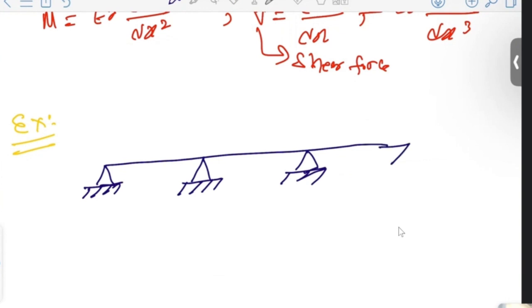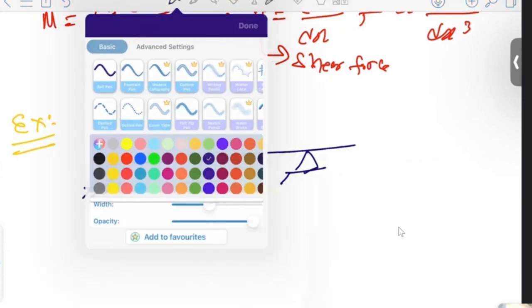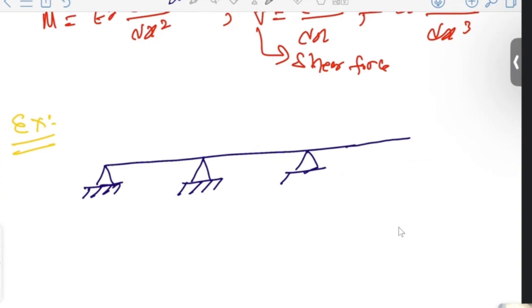Fourth one also. This is a total of four, and we are putting one load here. This is 8 kilonewton.